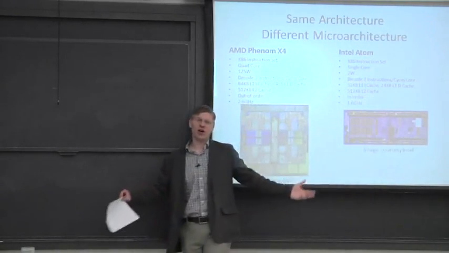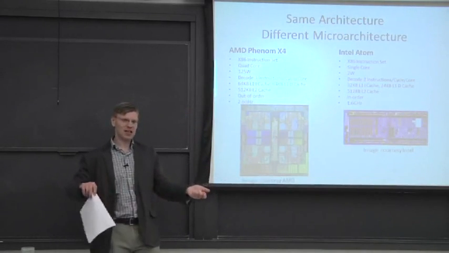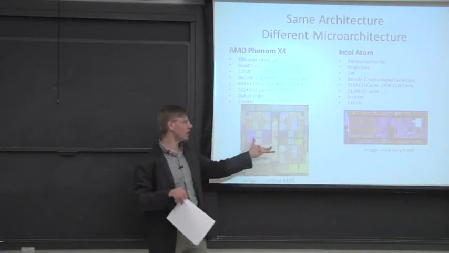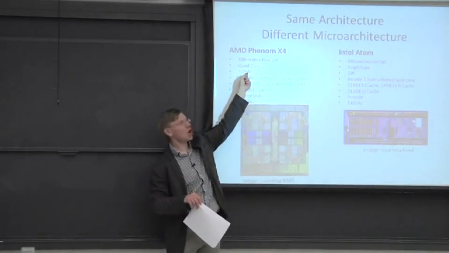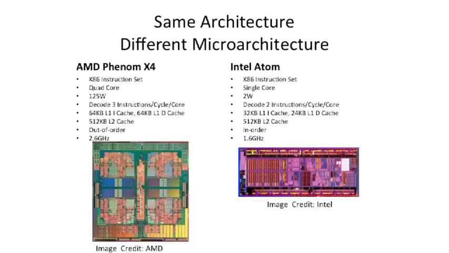So there's design trade-offs. You're going to want to build different processors in the same design technology, we'll say, but with very different cost, power, performance trade-offs. This one can decode 3 instructions. This one can decode 2 instructions, so it's a microarchitecture difference.